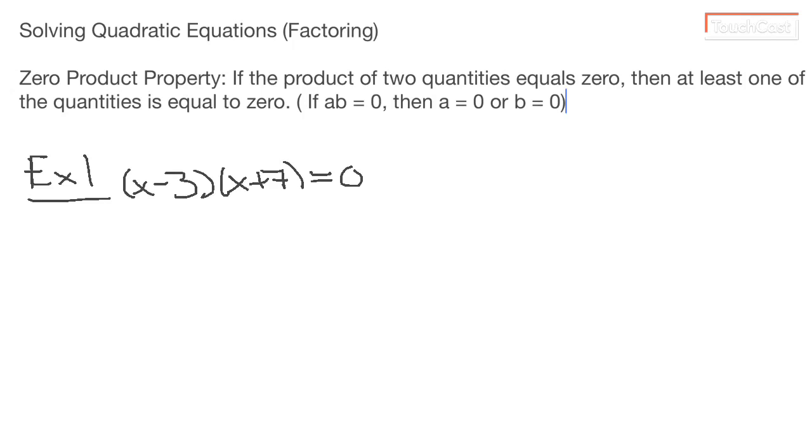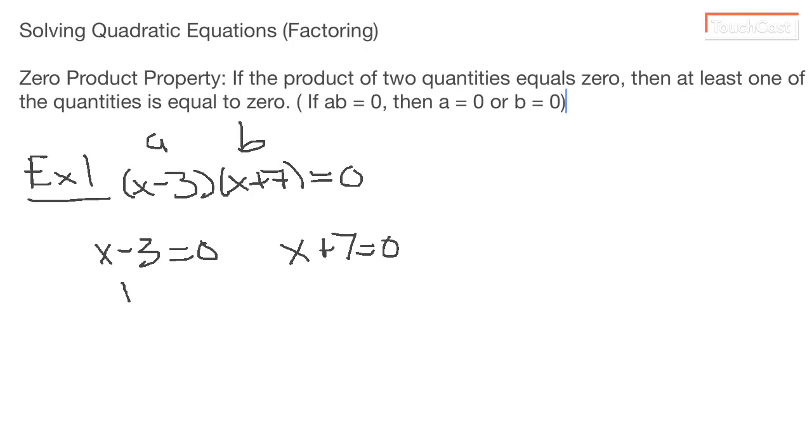In this case, we can think of x minus 3 as our a and x plus 7 as our b. So in order for this to equal 0, either x minus 3 has to equal 0 or x plus 7 has to equal 0. We're going to solve both of them because we could potentially have two answers.